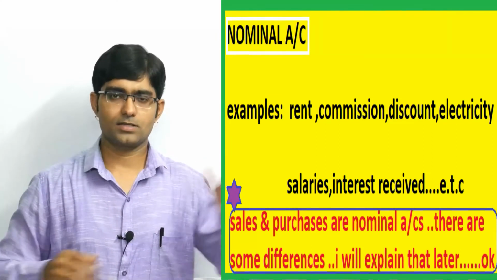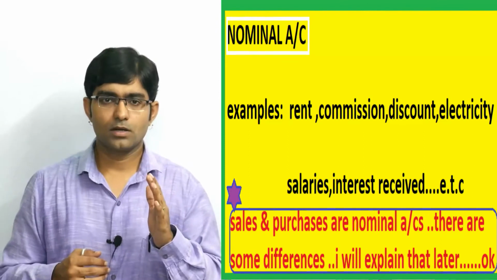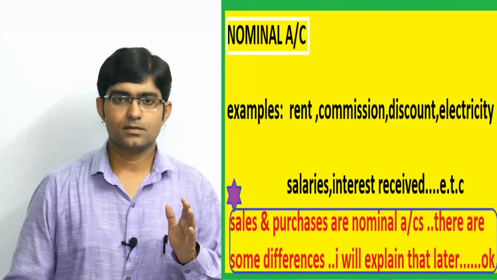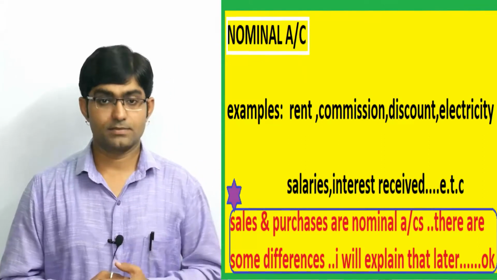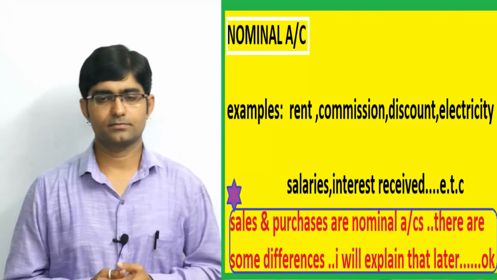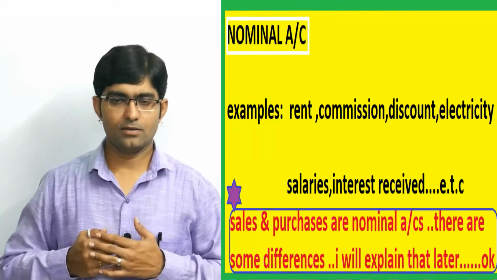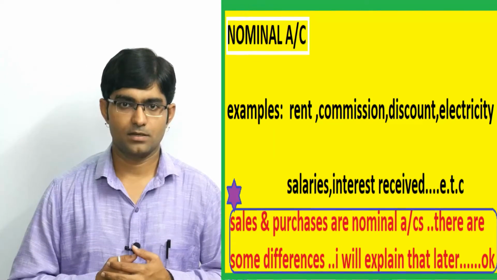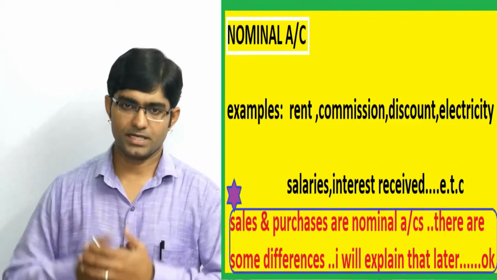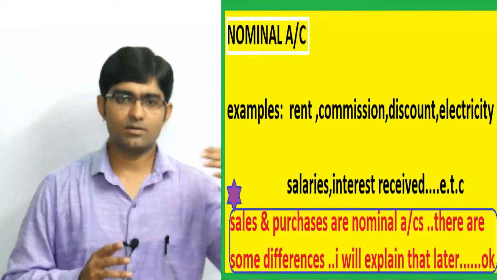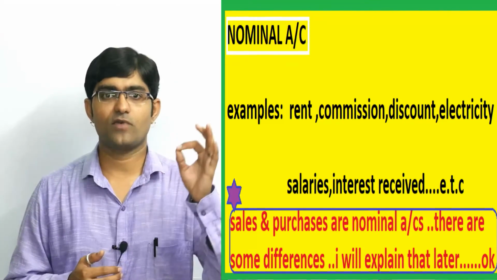Now, what is a loss? This is not a regular business activity. Loss is not similar to expense. It is quite different. For example, I purchased a machinery for my business purpose, for manufacturing something. Because of some problem, I am selling that machinery. I purchased at 5 lakh rupees.